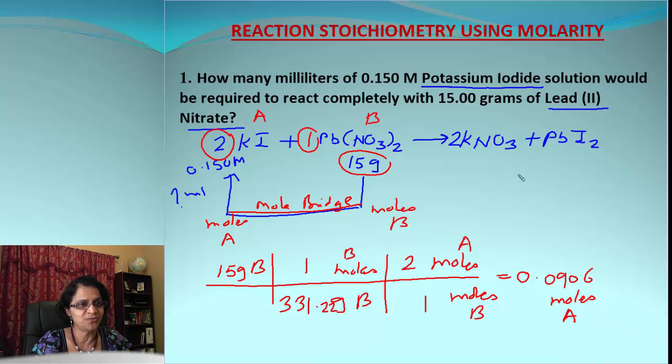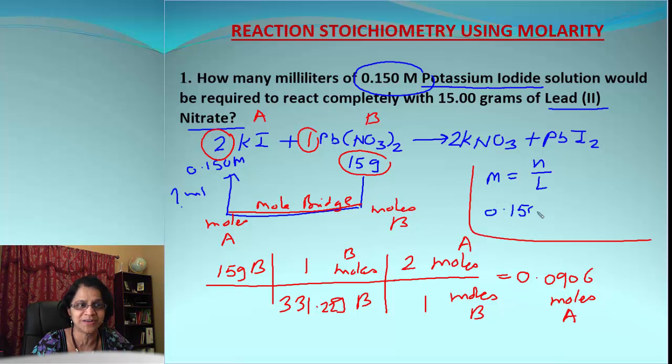And for that, we are going to use the molarity formula, which is M is equal to n divided by volume in liters. So molarity is given to us as 0.150, and the number of moles, which you found, is 0.0906, and then that divided by volume in liters.